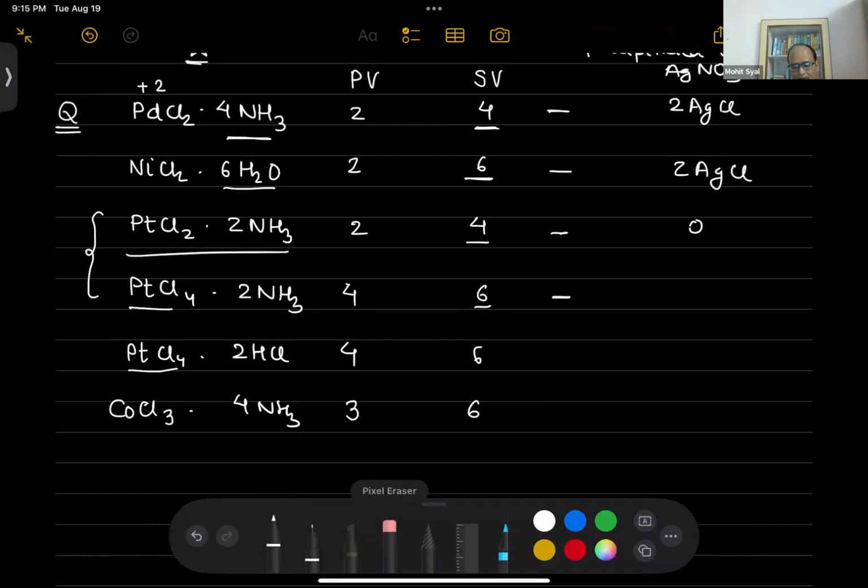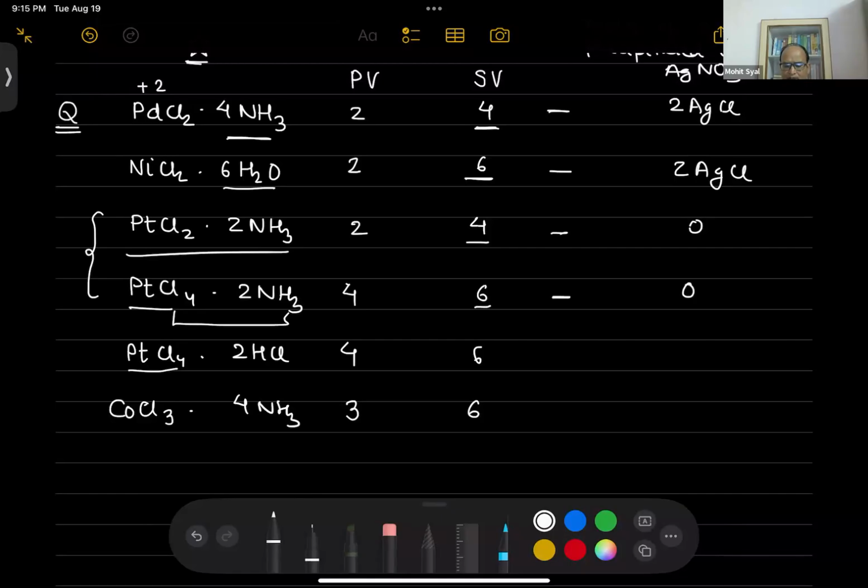PtCl4 and 2 NH3. The primary valency is 4, secondary is 6. But we do not have 6 ammonia molecules, so we take all of them.